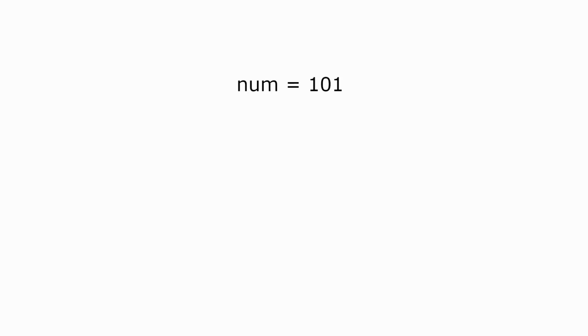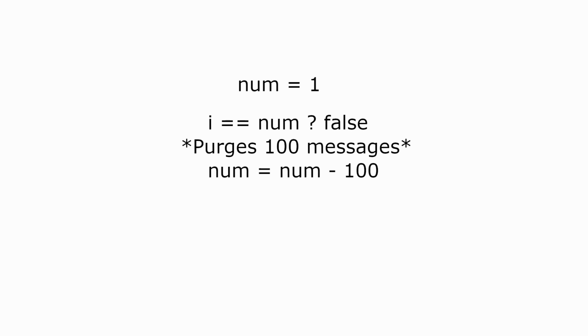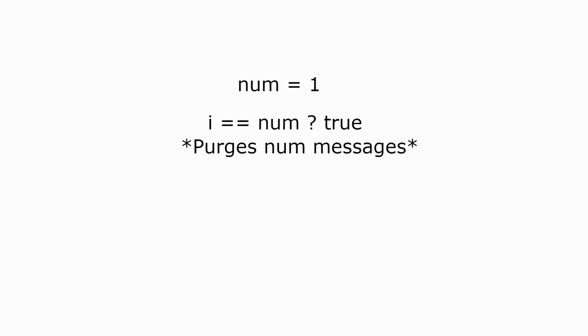Let's say num was 101. Well, the first time, i is just going to be 0, so obviously i is not equal to 101. So it goes in here and deletes 100 messages, and then it goes back up, and i is 1 this time.